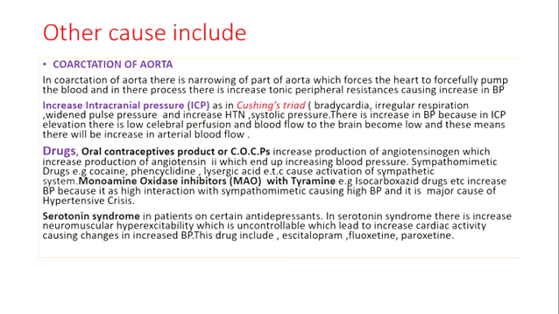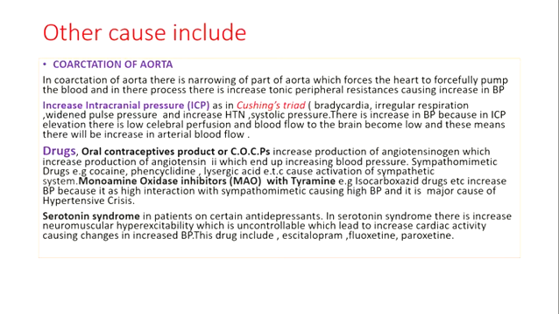So another one is drugs, and we can talk of oral contraceptives, or combined oral contraceptive products. Actually, this is simple because all oral contraceptive products cause increased production of angiotensinogen in the liver, and when there is increased angiotensinogen, you know it increases angiotensin 2 production.